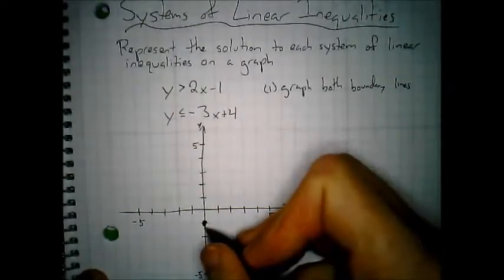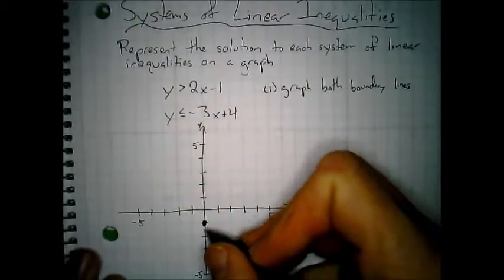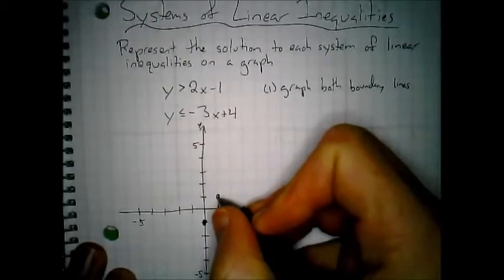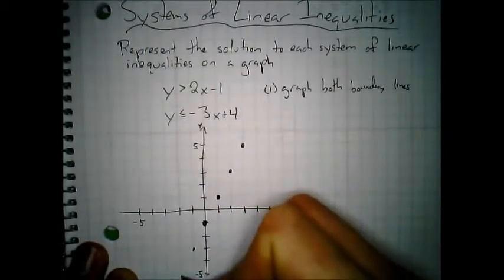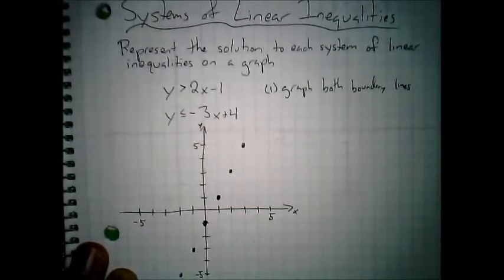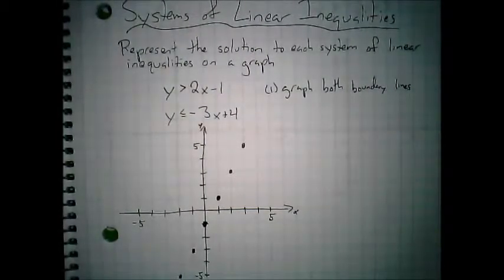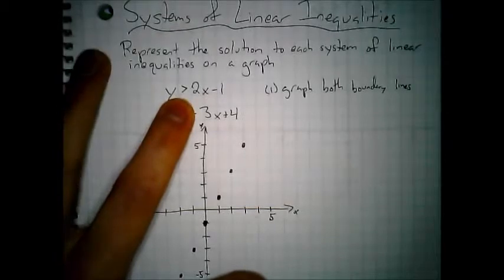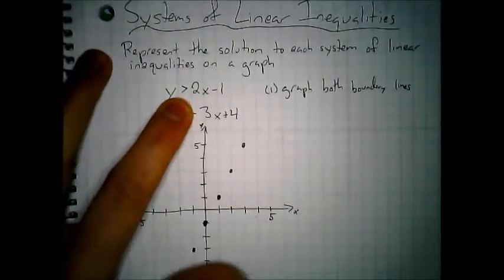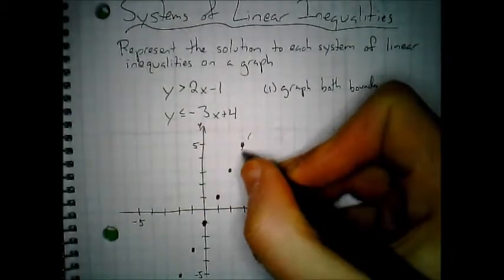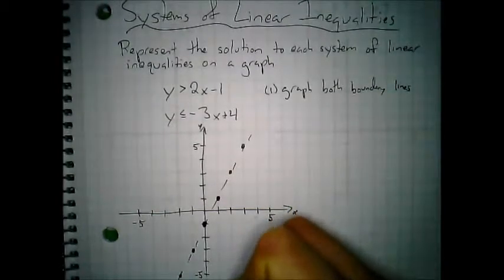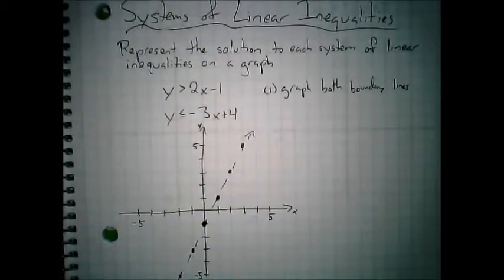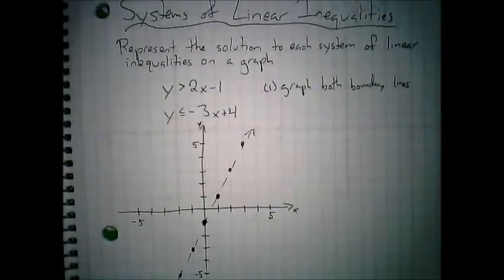Okay, so we start at negative 1 and we just move with our slope, which means we go up 2 over 1, up 2 over 1. Now, because we practiced already, we're good at understanding the difference between a solid line and a dashed line. This is dashed, right? Because this is just greater than, not greater than or equal to. So this boundary line is where y equals 2x minus 1.